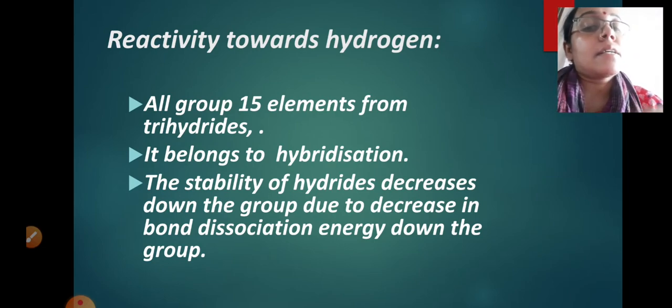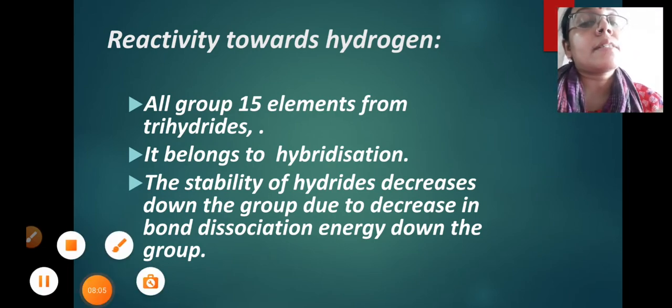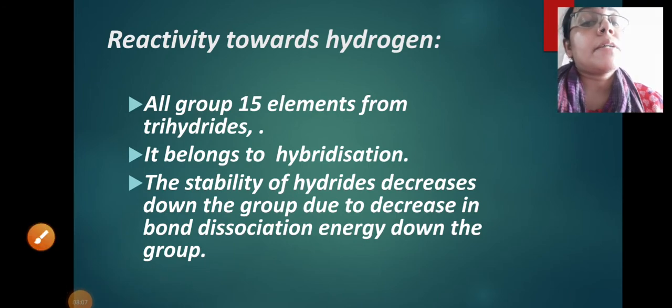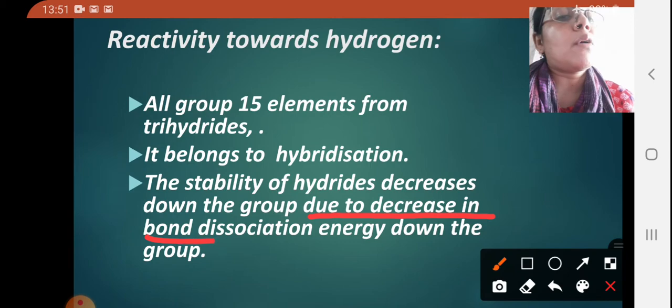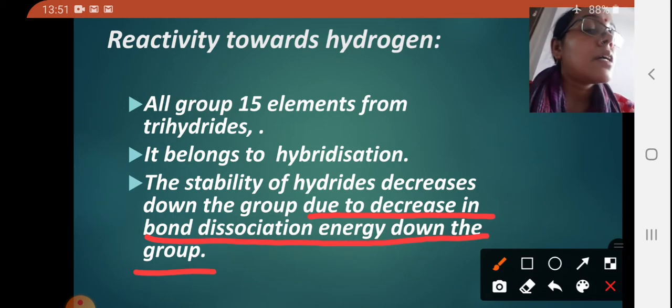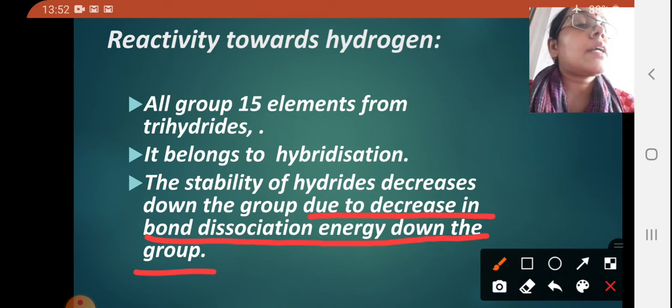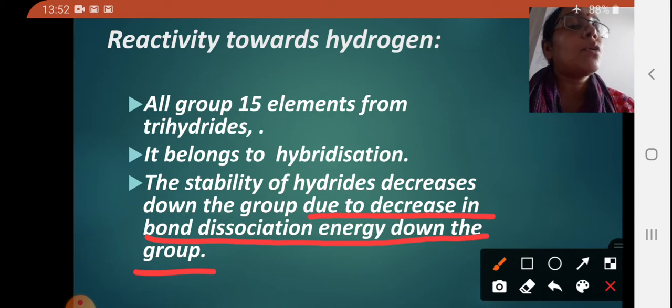Now what is the reason? The reason is mentioned here: due to decrease in bond dissociation energy down the group. Since the bond dissociation energy is decreasing, that is why the stability of hydrides also decreases from top to bottom.